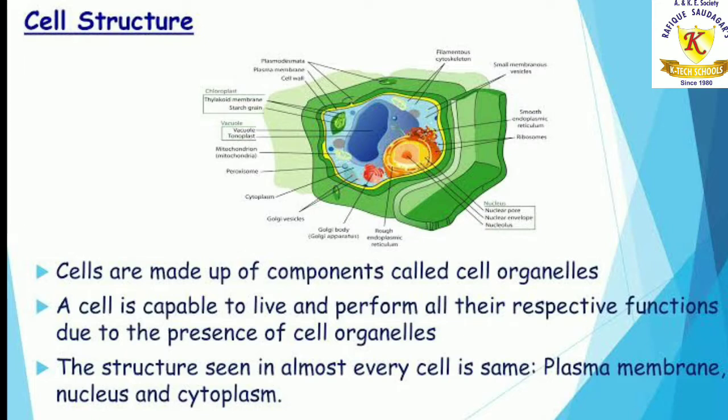A cell is capable of living and performing all its respective functions due to the presence of cell organelles. The structure seen in almost every cell is the same. So we have studied the structure of plasma membrane, nucleus and cytoplasm in our last lecture. Do you remember?